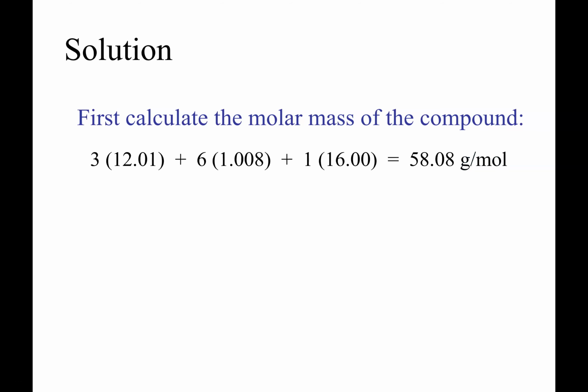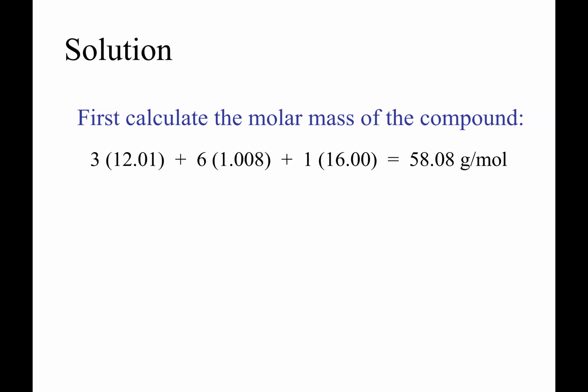Okay, so I mentioned there are different ways to do it. In working chemistry problems, sometimes it's really helpful to define your basis, what you're going to sink your teeth into. For working it this way, we're going to sink our teeth into 1 mole of the compound. So let's knock out the molar mass of acetone. We take 3 times 12.01 plus 6 times 1.008 for the hydrogen.